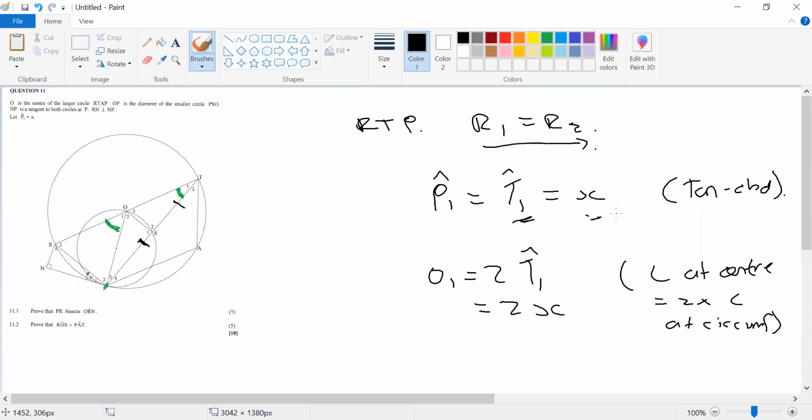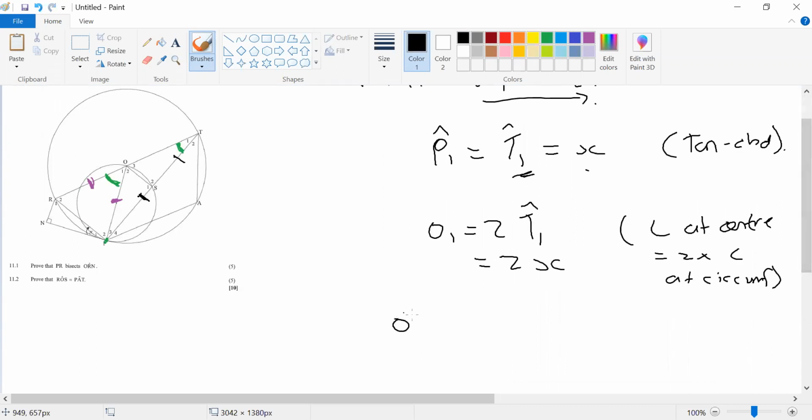All right, so can we move anywhere else from this? Yes, we can, because now that we know what O1 is, we bring it into this triangle where R2 is. And that's kind of what I needed because I need to calculate R2 or try and figure out something about R2. And I can see that this line and this line are actually equal because they are both radii. So I'm going to state that OR is equal to OP. The reason for that being that they are radii.